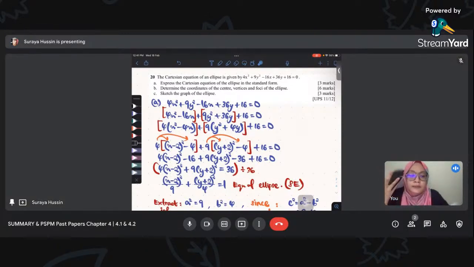So you tulis dulu soalan and then you buat big and then you susun X dengan X di depan, Y dengan Y di belakang. Susun X squared with X, Y squared with Y, dan jadikan dia dalam satu group.